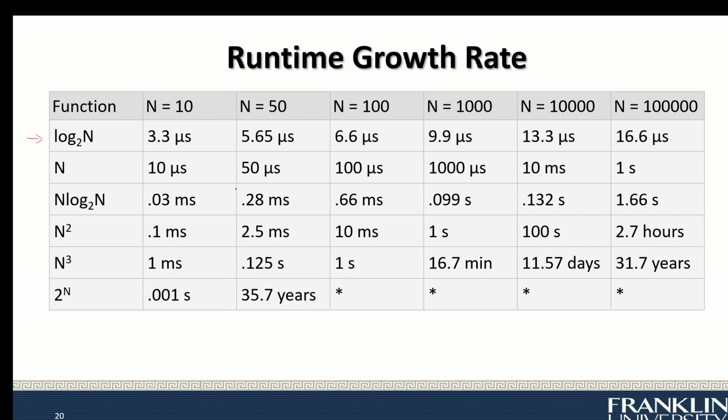But I want you to look at n squared and 2 to the n. Instead of talking about a fraction of a second to a few seconds, we talk about hours, years, and 2 to the n could be millennia. It might take you thousands of years just to run this algorithm if the input is so big.